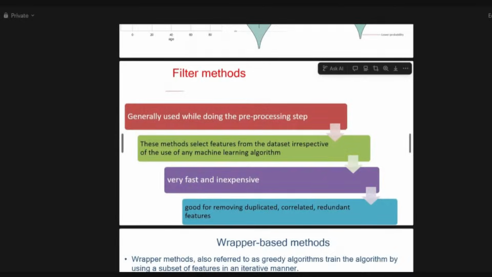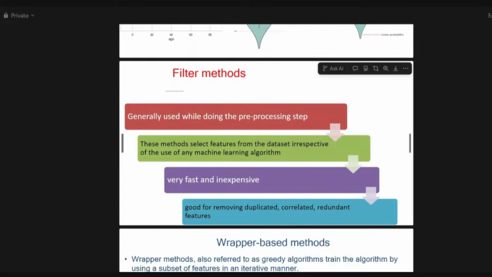Now, the methods in which you can perform feature selection are basically filter based and wrapper based methods. Your filter methods are basically your simplest approach. It is independent of the model that I'm going to use. The core concept is that it is used during the pre-processing step itself, and it happens based on statistical measures.